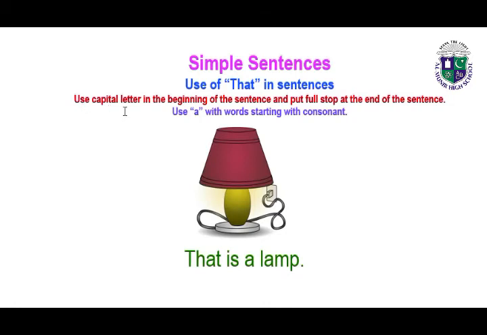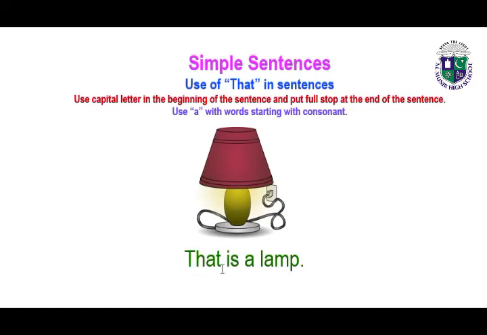Always use a capital letter in the beginning of the sentence and put a full stop at the end of the sentence, as the sentence written here. You can see the first letter of the sentence is capital. Here the T is capital. This sentence is starting with T, so we write the T in capital letter.